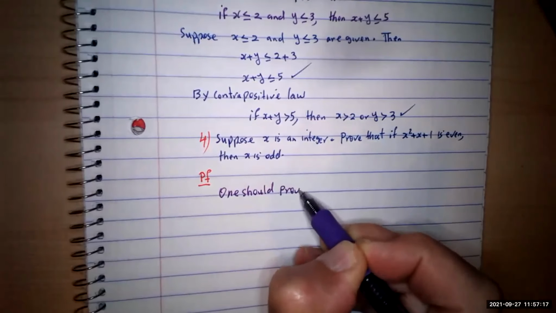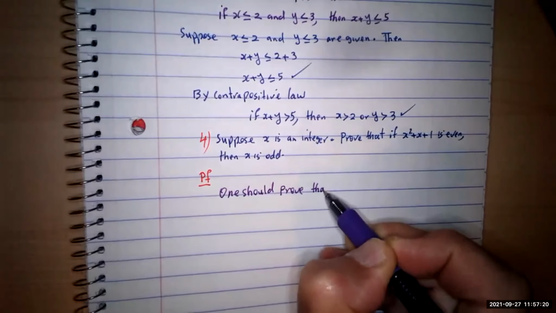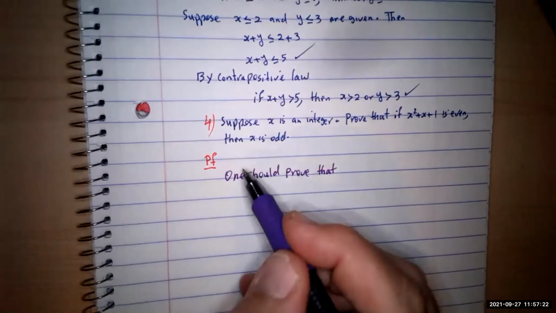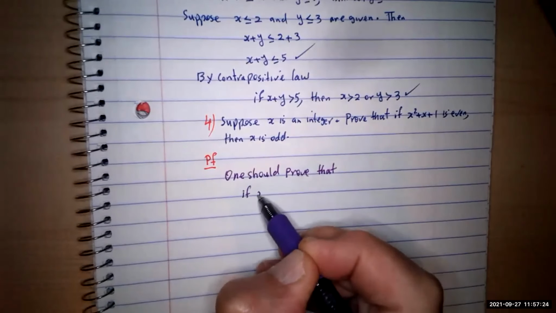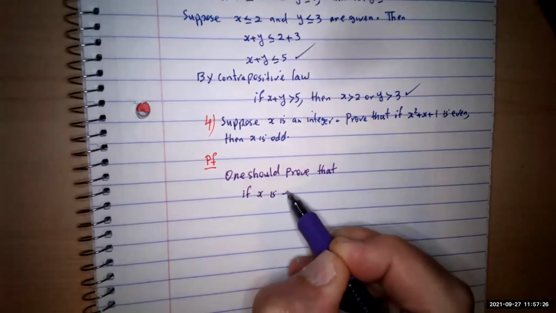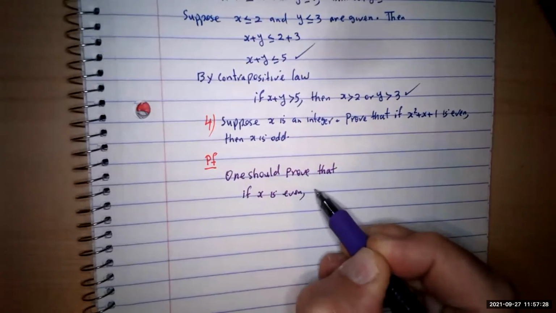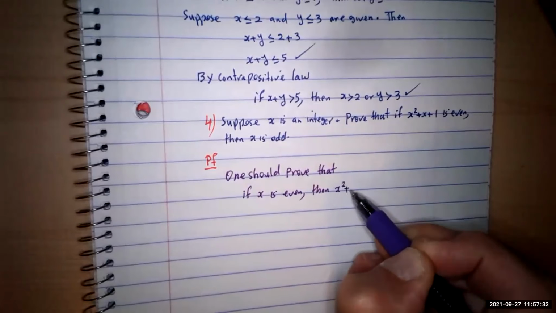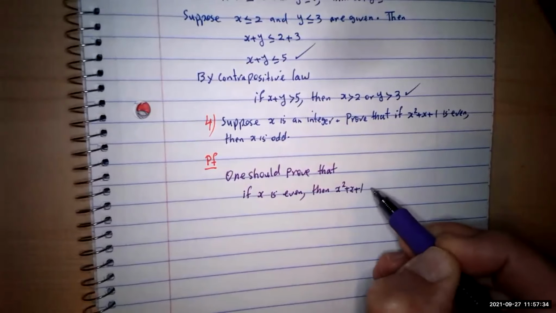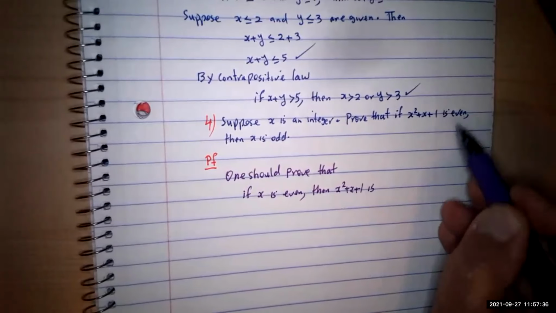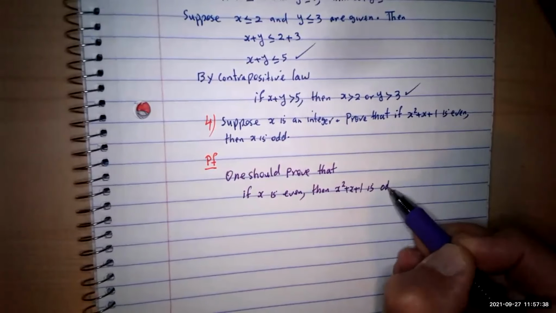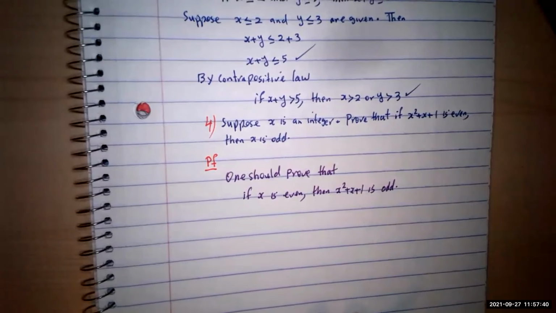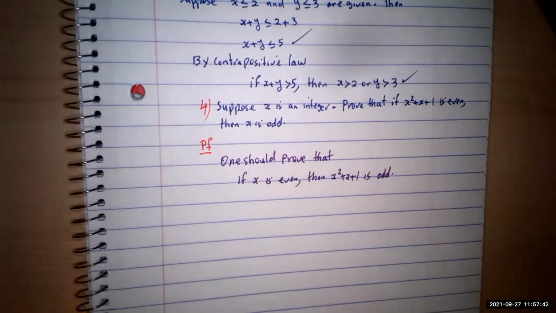One should prove that: if x is even, then x squared plus x plus 1 is going to be odd. Remember, it's not q implies not p. So that's a very important part of the problem.